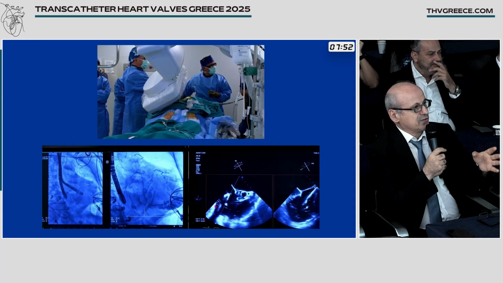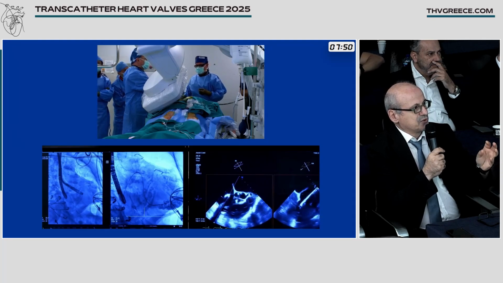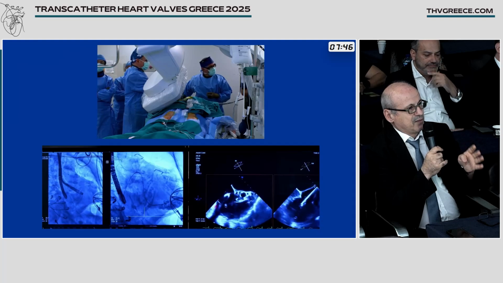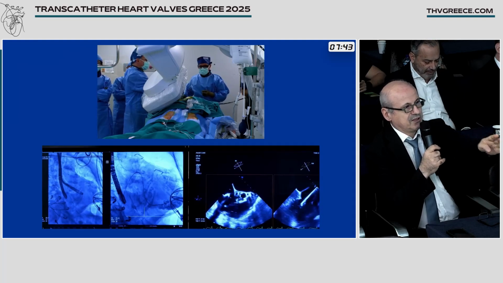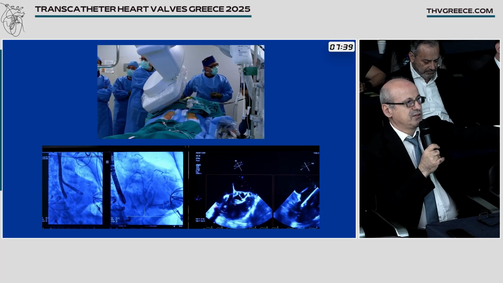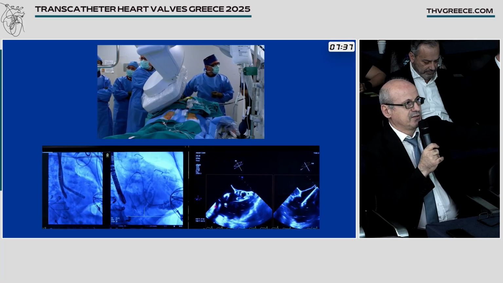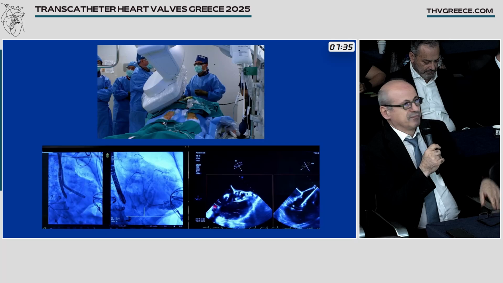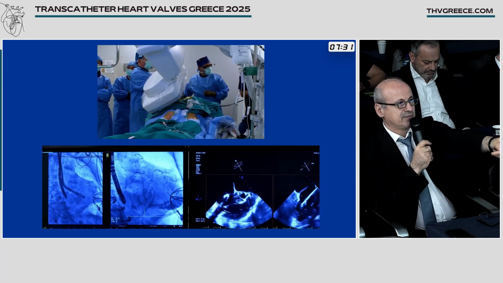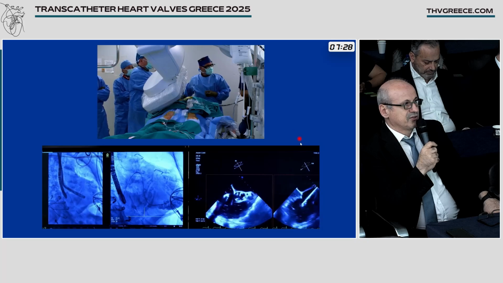So I think the secret for all these capsule valve cases is to be absolutely coaxial. You see here the septal-lateral on the right image, and the anterior-posterior on the left image. The septal-lateral is very good. You agree? The trajectory is good.